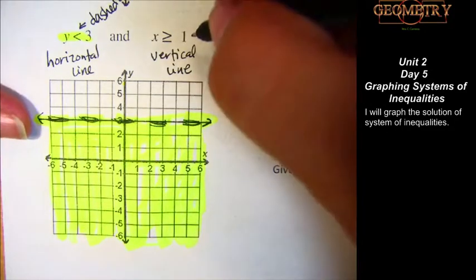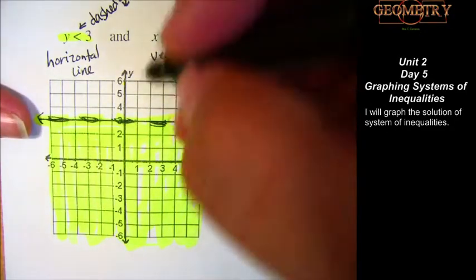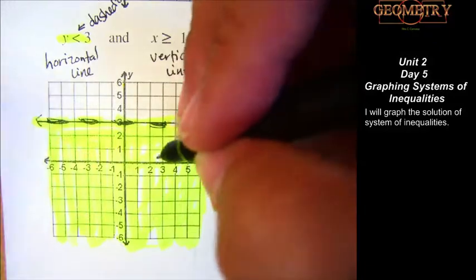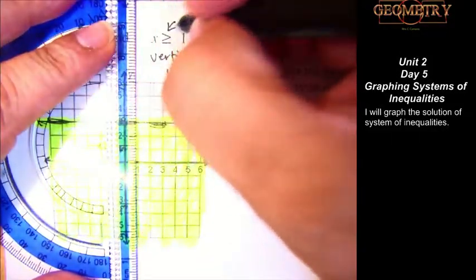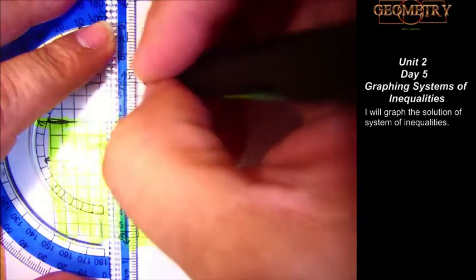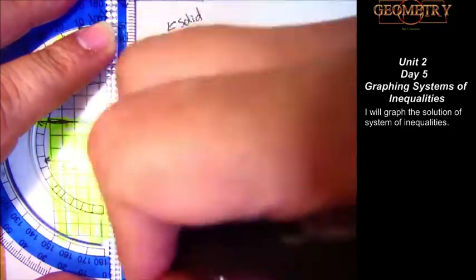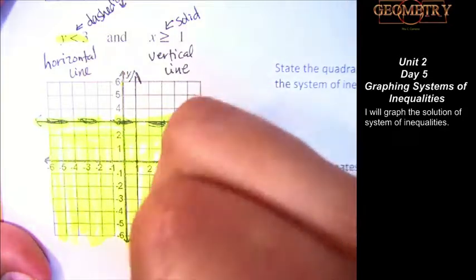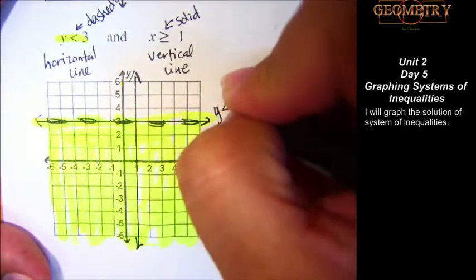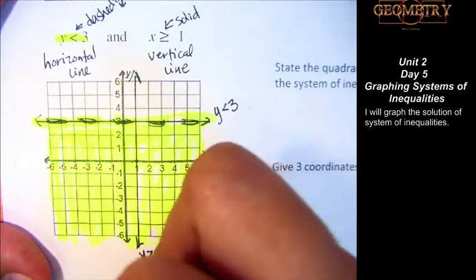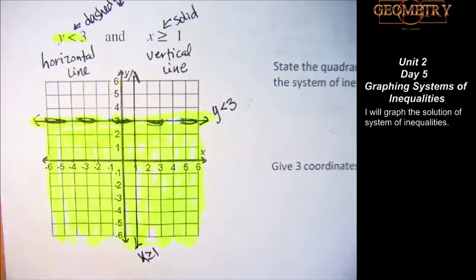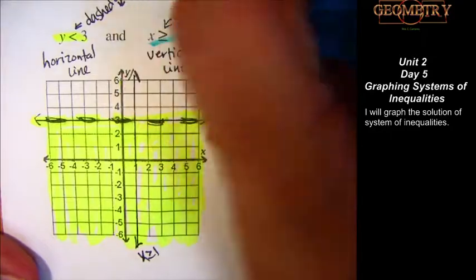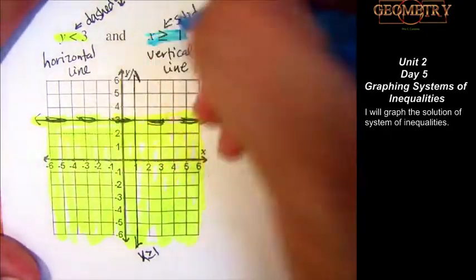We're going to do the same thing with the x equals. This is a vertical line. X equals 1. My vertical line boundary is here, and it's solid. I'm going to go ahead and label. It is solid.